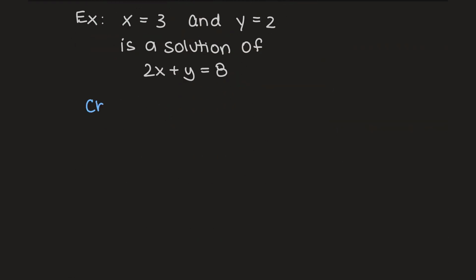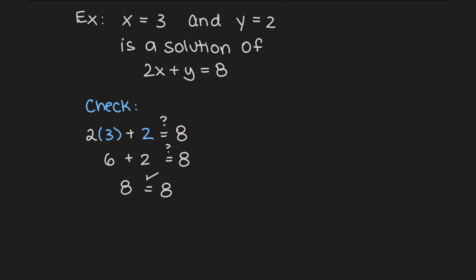And let's check this. So we substitute these values in and check if it is a true statement. Simplifying, we get 6 plus 2, and then 8 equals 8, which is a true statement. Therefore, x equals 3 and y equals 2 is a solution to the equation.